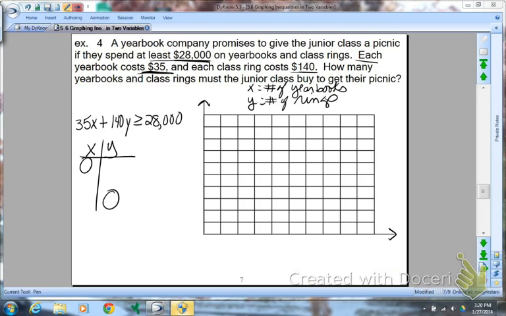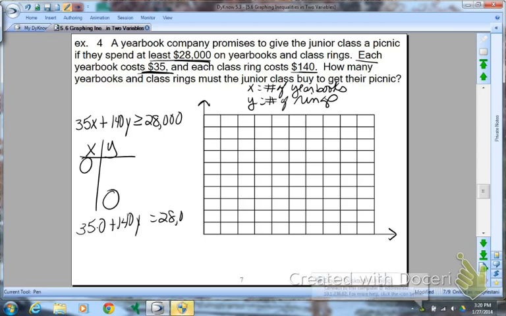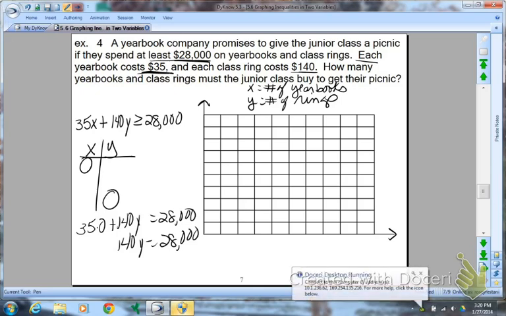So if I'm going to let x equal 0, that's 35 times 0 plus 140y. Now when you go to find the intercept, you just put it equal to 28,000. So that's 140y is equal to 28,000. Divide by 140. Now, a calculator definitely comes in handy. 28,000 divided by 140 is 200.